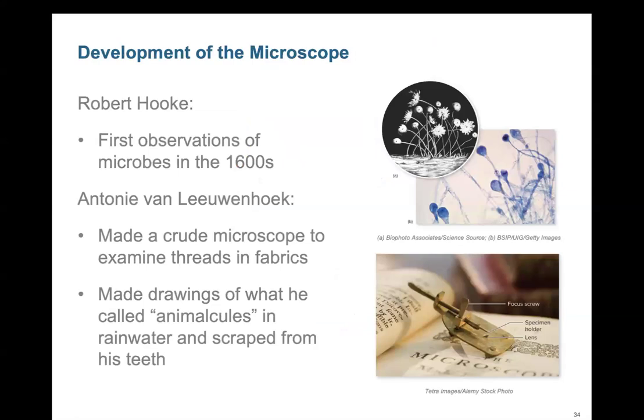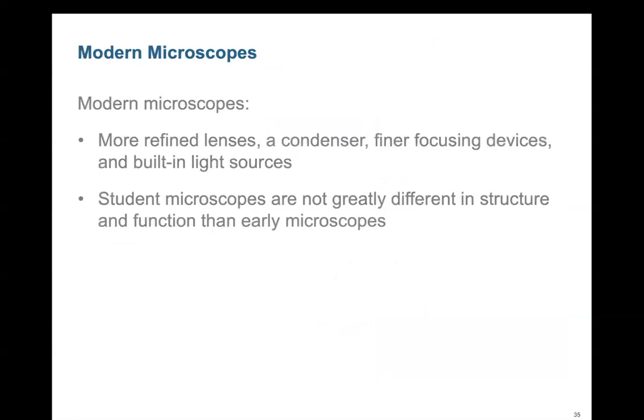Robert Hooke was one of the first guys to observe microbes in the 1600s. That was followed up by Leeuwenhoek, who made a crude microscope, which really allowed us to sort of springboard into seeing a whole new world of things.